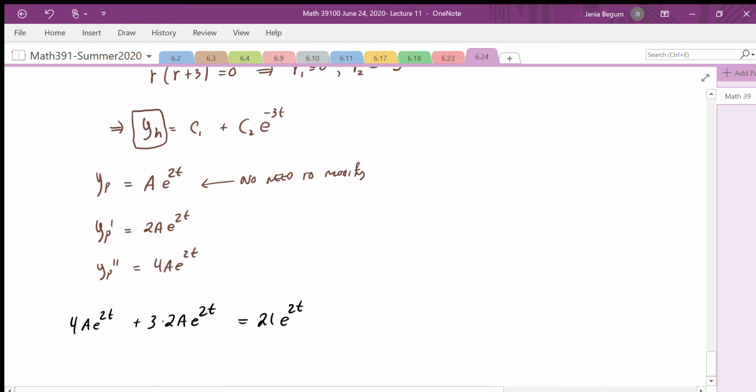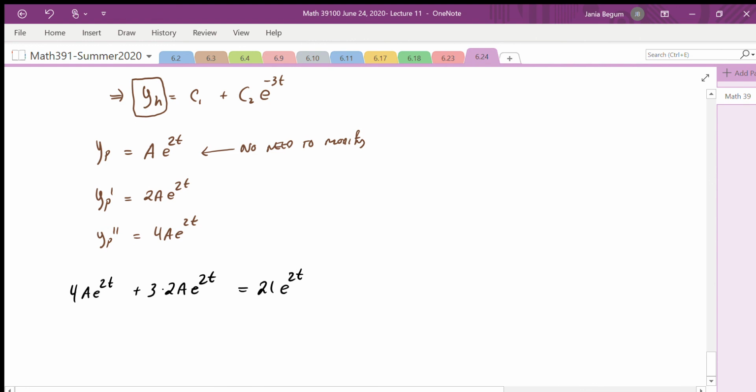You see how both the left side and right side have the same exponential term except for a different constant. That allows you to solve for this unknown constant. So now we have 4a e to the 2t and 6a e to the 2t. That's 10a e to the 2t is equal to 21 e to the 2t.